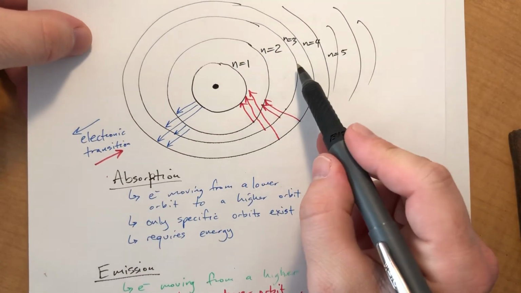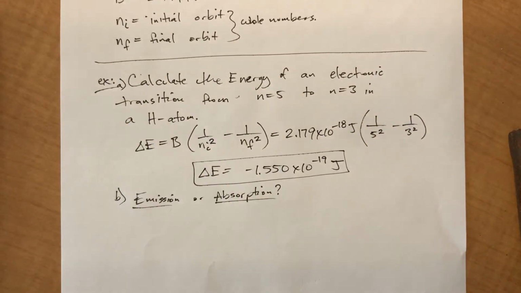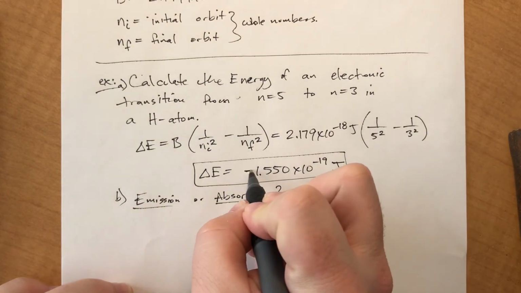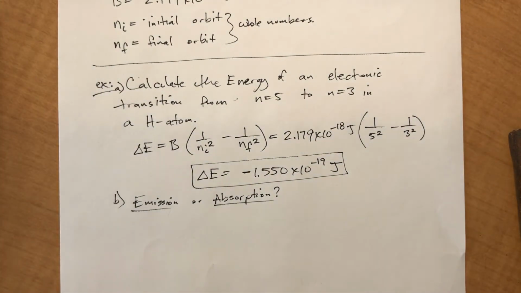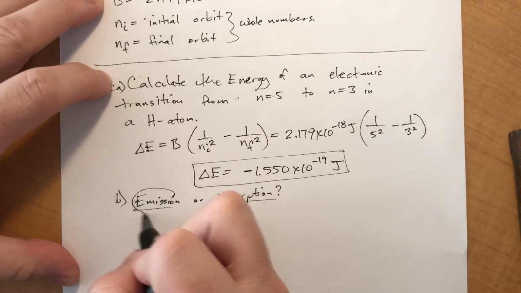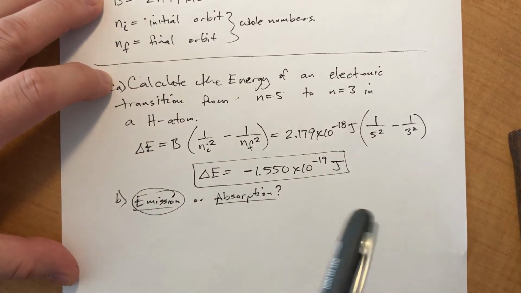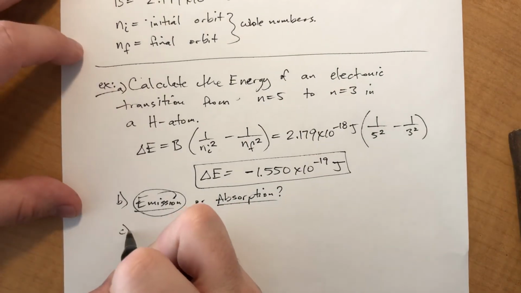We kind of spelled it out earlier, but you're going from a high energy to a low energy, which should be an emission. Or this actually works like it did in the last chapter. This has a negative value, which means that it is releasing energy, which is something that happens during an emission. It's emitting the energy. So the answer is, it's an emission. So you can look at the sign of this, or you can look at the going from 5 to 3. Either way, it should be consistent.